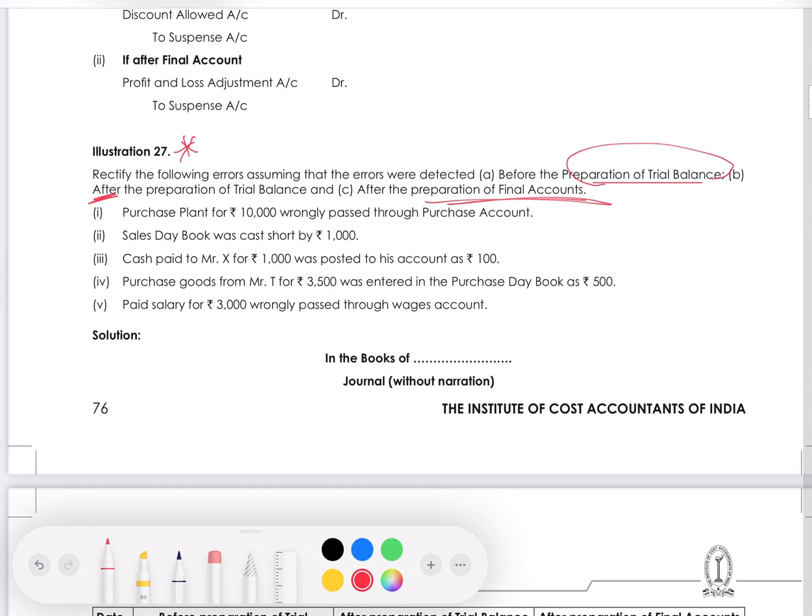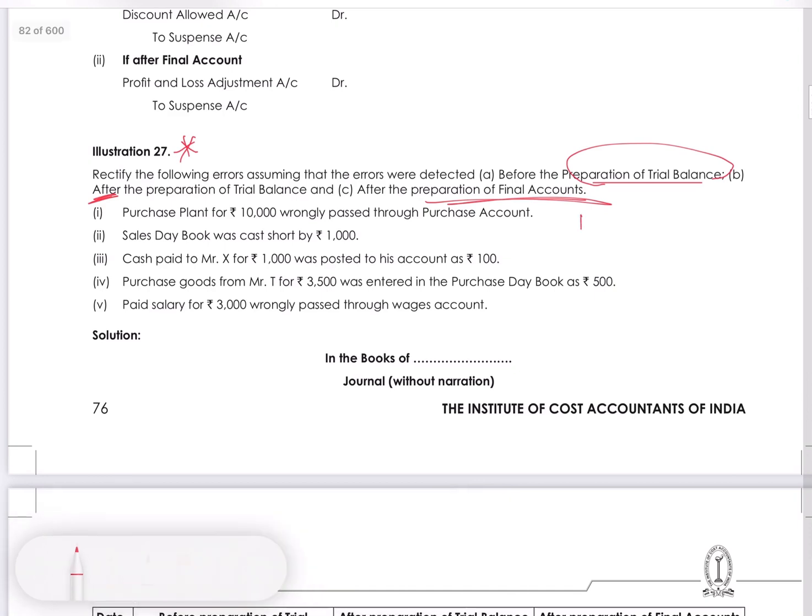It's not goods. It's not the business of the company to buy and sell plants. So this is a fixed asset of the company. So plant is coming in. So plant account debit to cash or bank, whatever it is, we'll write bank.